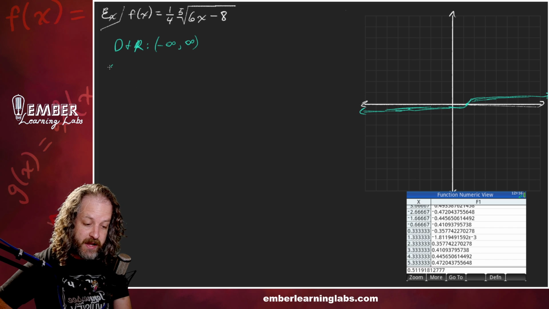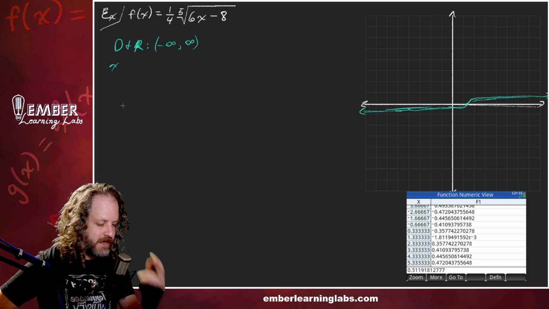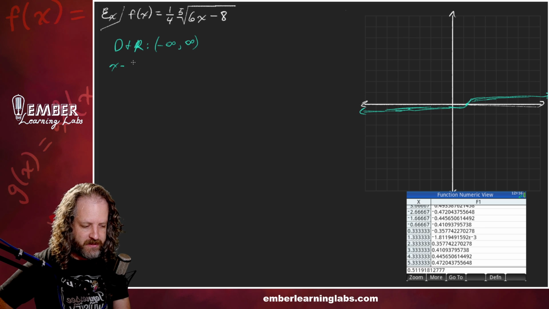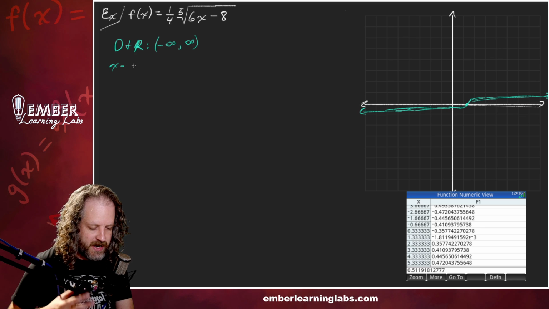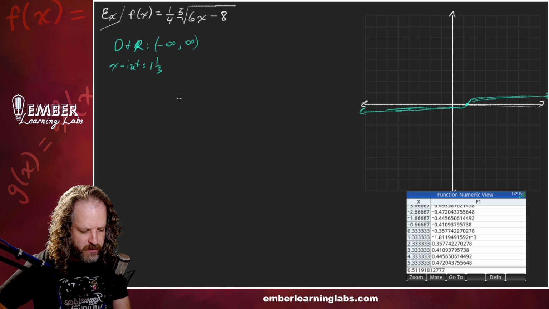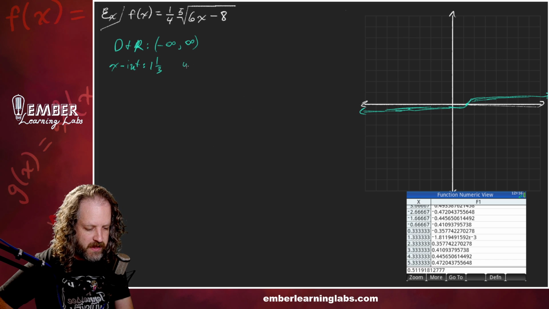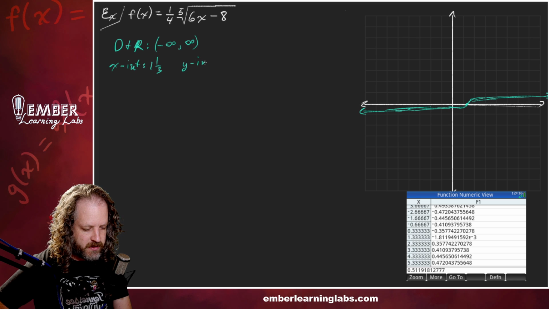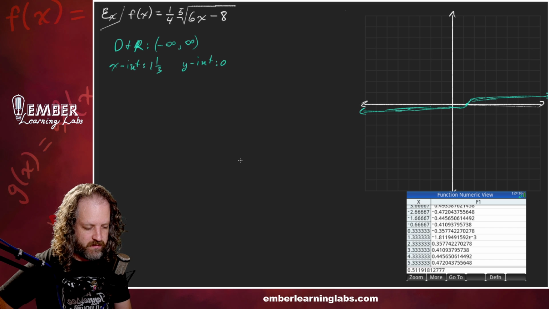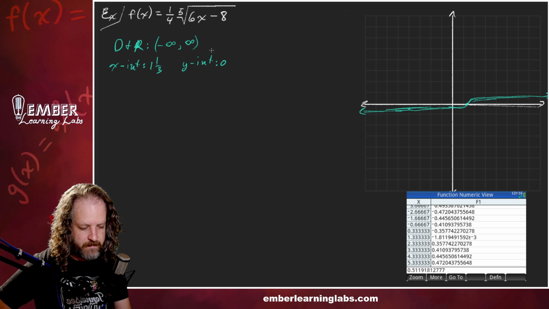The x-intercept we just calculated through the math; you can go back and see where we got that from. The x-intercept in this problem is at 1 1/3, or 4/3. The y-intercept is at 0, right? It still crosses at 0. Easy money.